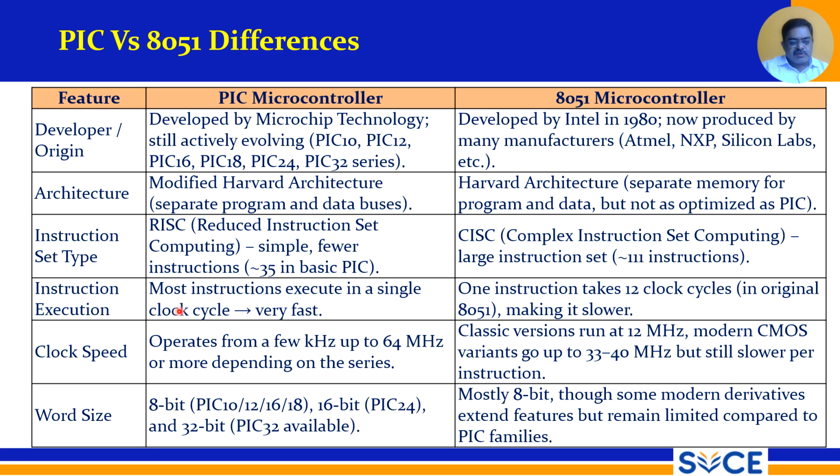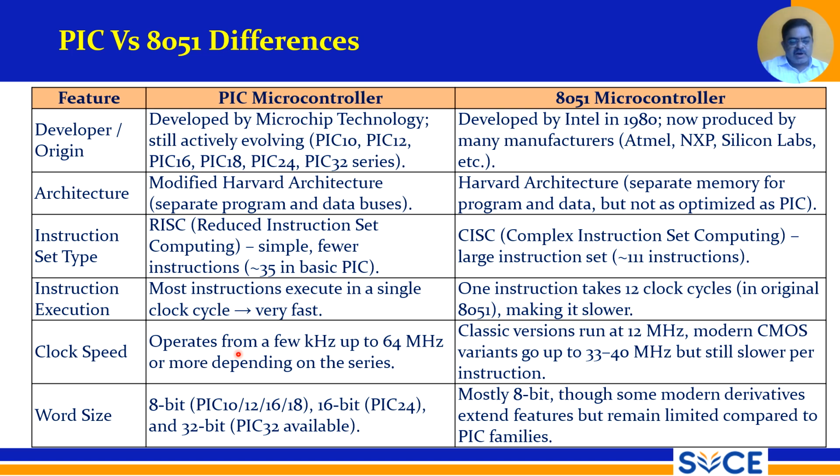So instruction execution: in PIC, most instructions execute in a single clock cycle, so it is very fast. One instruction takes 12 clock cycles in the original 8051, making it slower. So wherever you have a CISC type of instruction set, it is obviously a slower type of microcontroller.